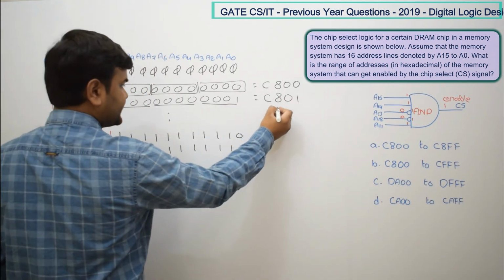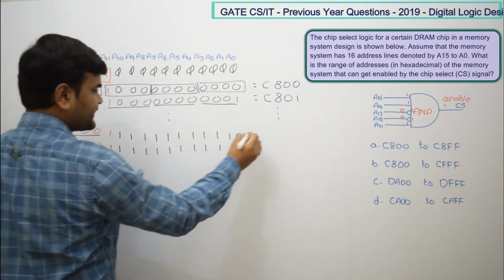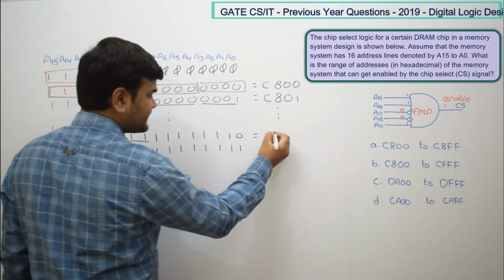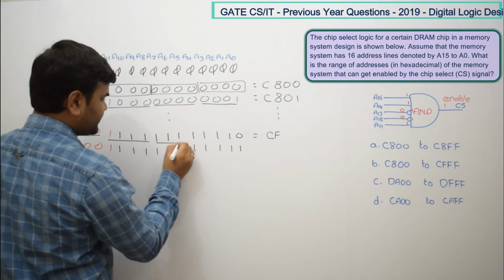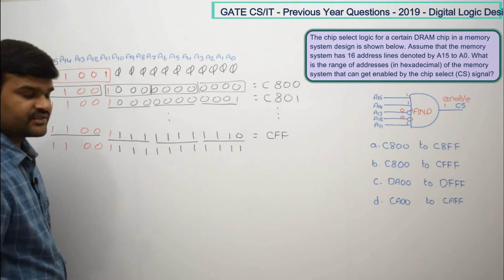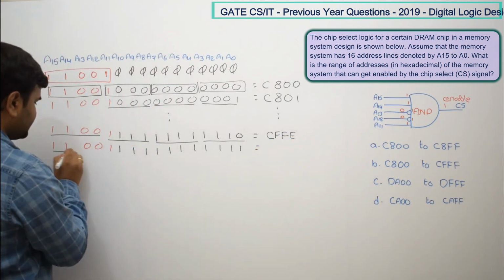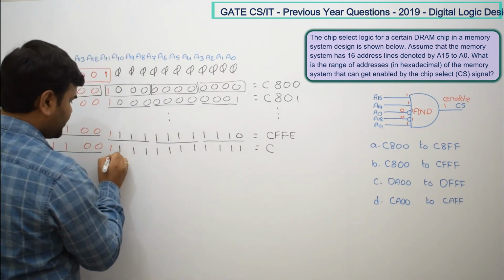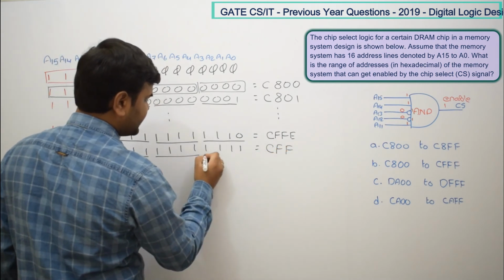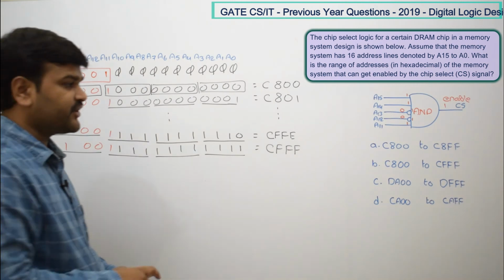Now if you come to the last one, this is fixed, C. And this one is 4 ones, which means F, 15. Then the next 4 ones are F. Then this is 14, that means E. Wait, then the next one is C, then the next 4 ones F, the next 4 ones F, and the next 4 ones F. So this is the range which is going to enable this chip.